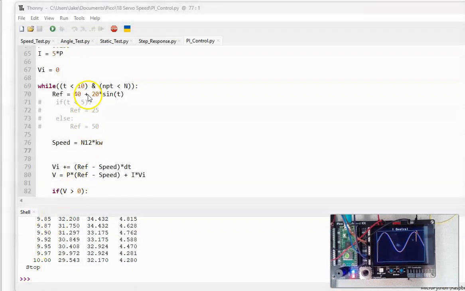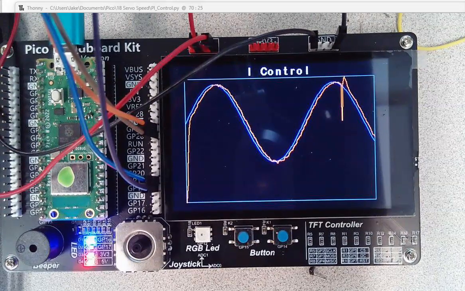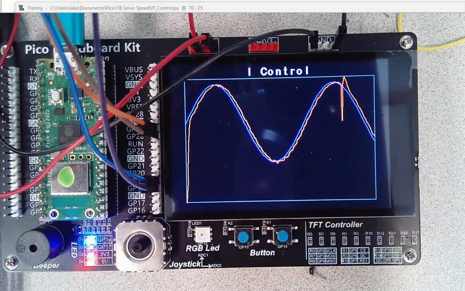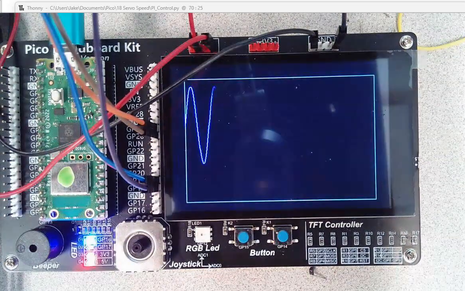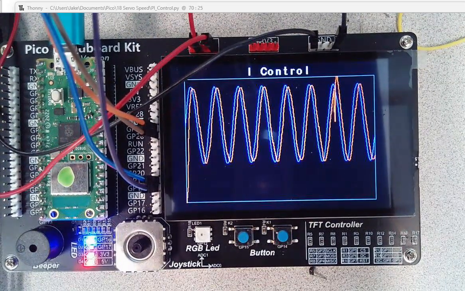Change that to 5 radians per second. It should still mostly work. Tracking pretty well.